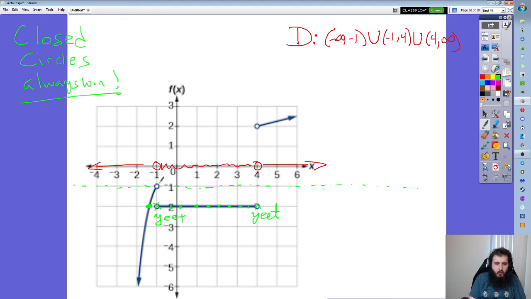So now we actually care, right? Oh, so it stops here. So let's put that part on right now. It goes all the way down, -infinity, comes all the way up to 1. And by 1, I mean -1, right?